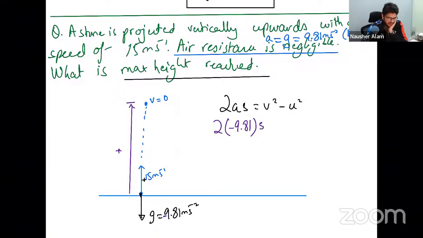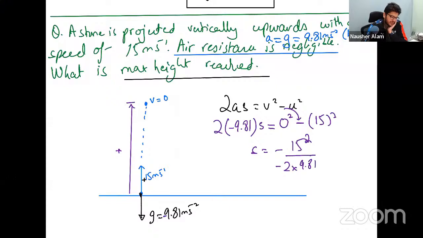Is equals to my final speed is 0 and this is the negative of the formula, and my initial speed is 15 whole square. Does that make sense? So I'll get s is equals to minus 15 square divided by 2 into 9.81. That's also with a negative sign. Negative will cancel out. So displacement कितनी आ जाएगी?